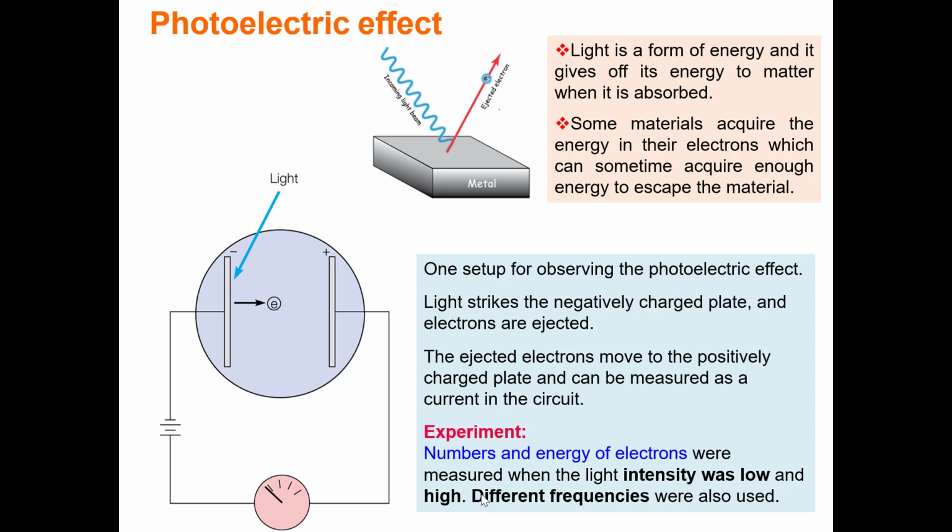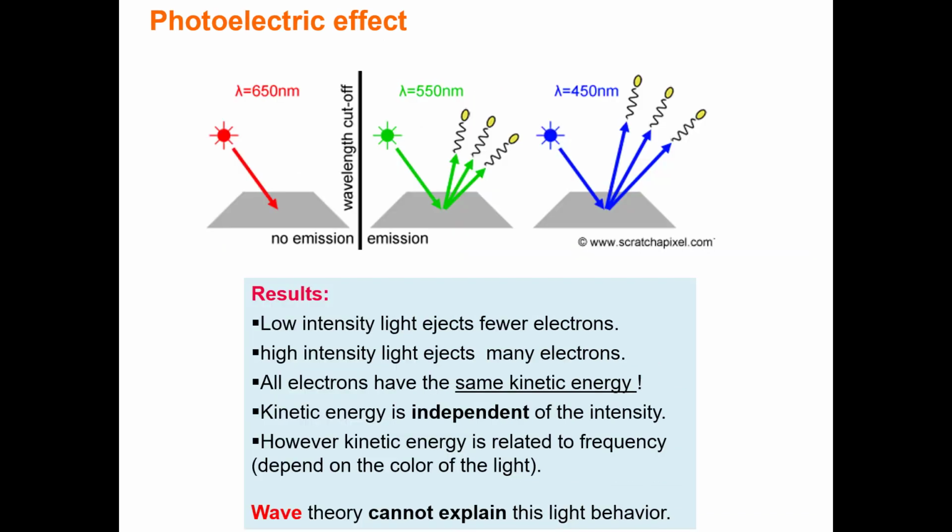When we say different frequencies, then they use different colors of light. They measured the energy of the electrons and the number of the electrons for low intensity light, high intensity light, and different frequencies of light, which means different colors. And let's see what the results were.